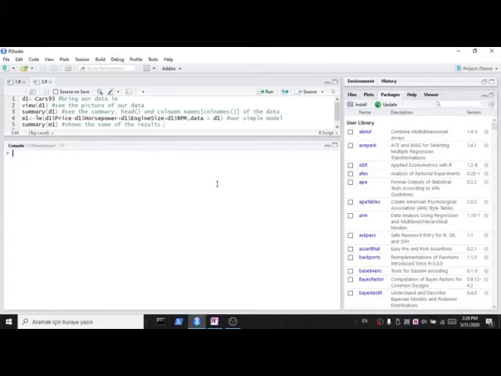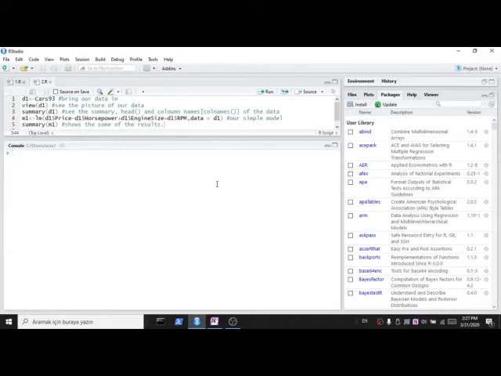Now that we know about data types and values, how to make them and store them, let's go over the datasets that are freely available within the base R package.